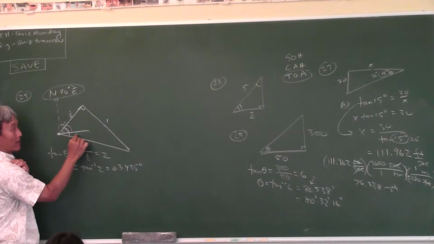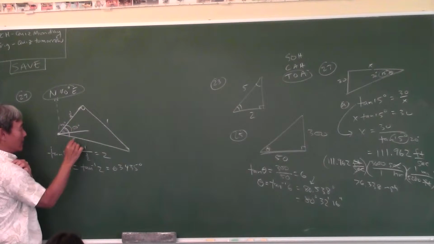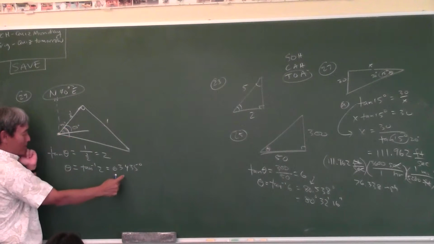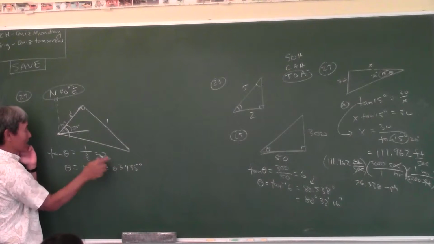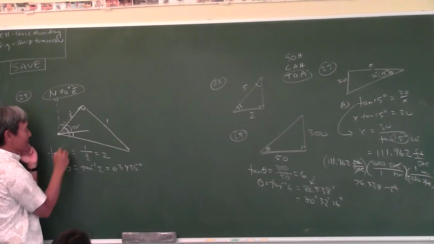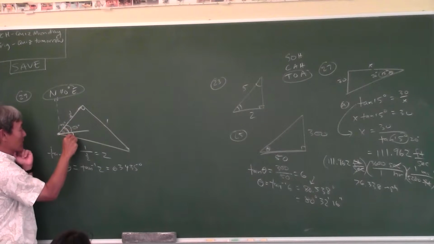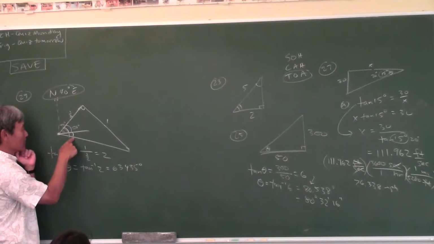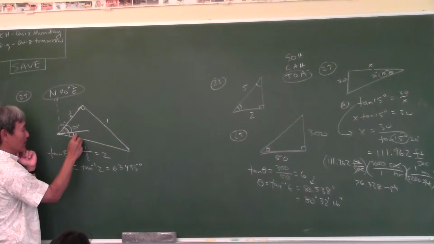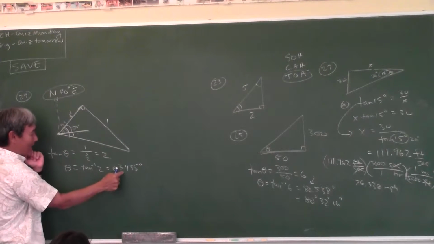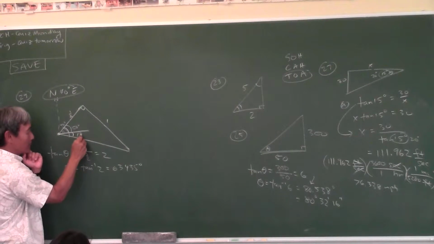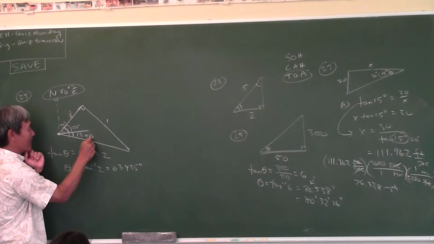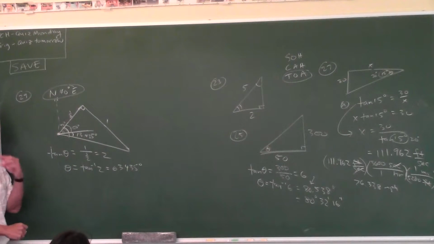Since that makes a right angle here, wouldn't that be 50? And if this whole angle is 63 point something degrees, and this is 50, what is this one right here? These two have to add up to 63, so 50 plus this has to equal that. 13.435 degrees.